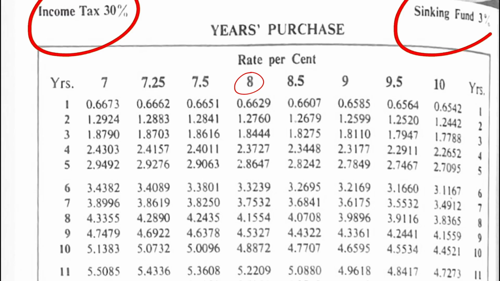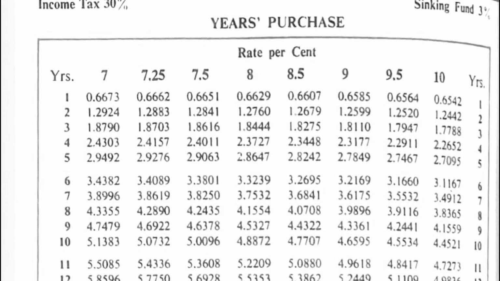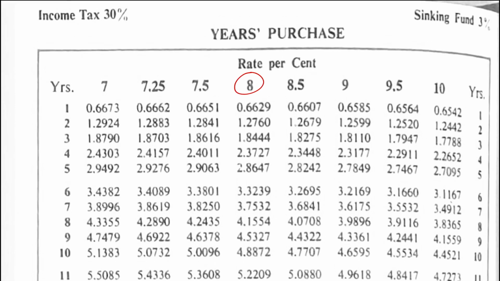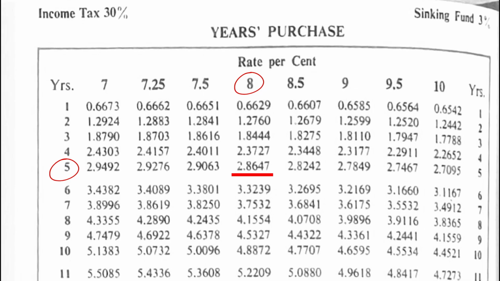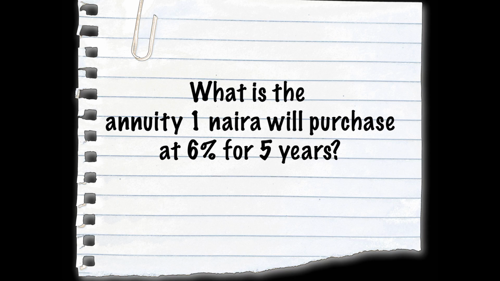All right. So now getting to this table on page 438, which has all our details, all we have to do is trace our remunerative rate down to the number of years. So we trace 8% down to 5, and then it gives us 2.8647.